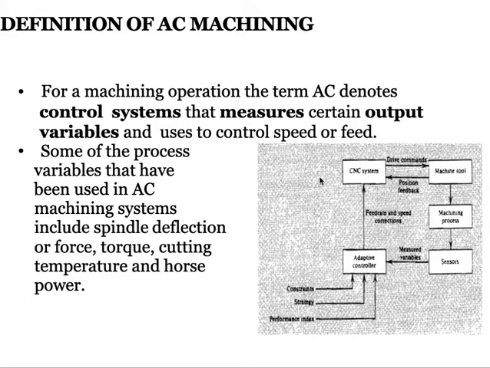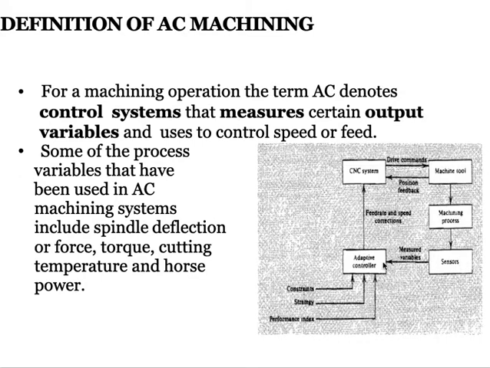So this is what an adaptive control machining system looks like. The CNC system is here, drive commands are here, and position feedback is here. The machine tools are here, and machining processes are carried out with the help of sensors.